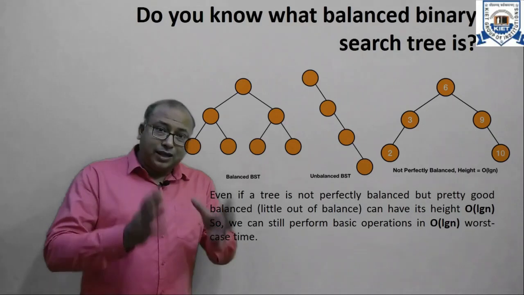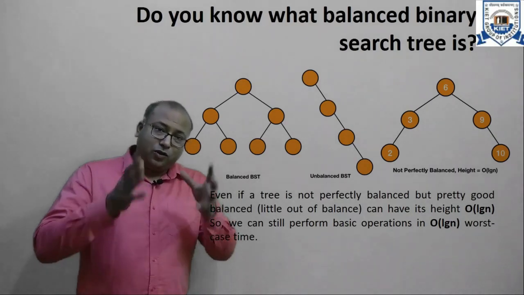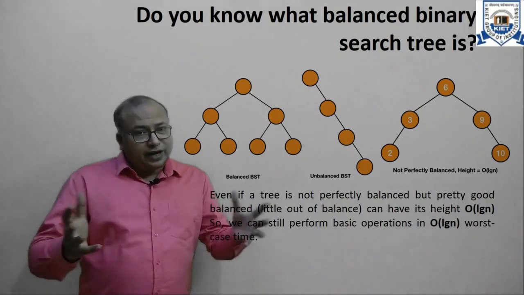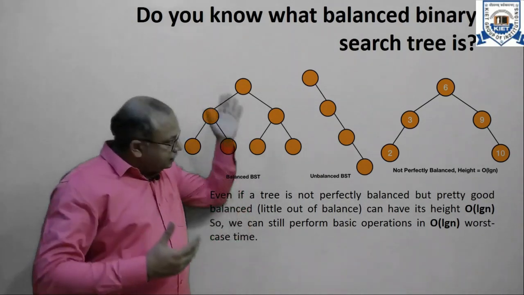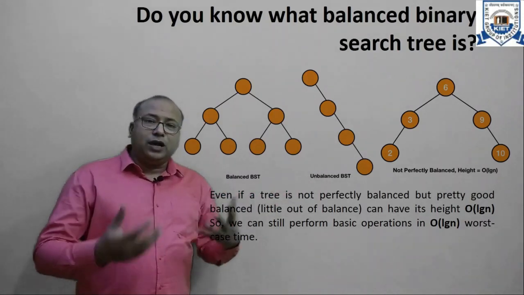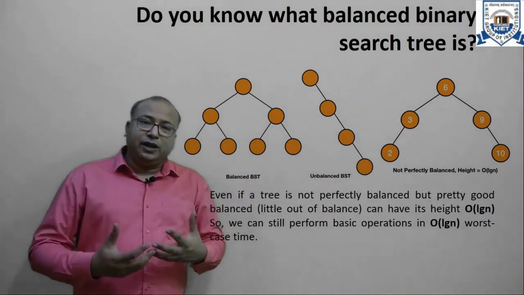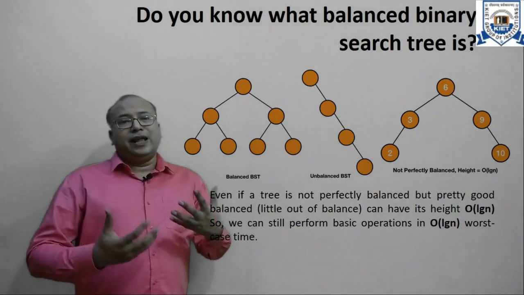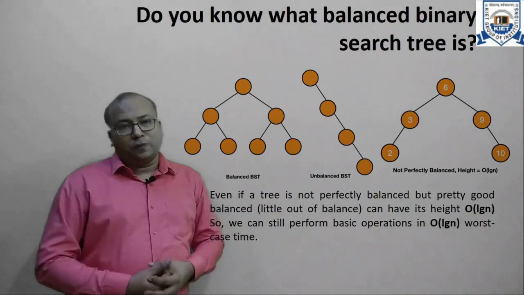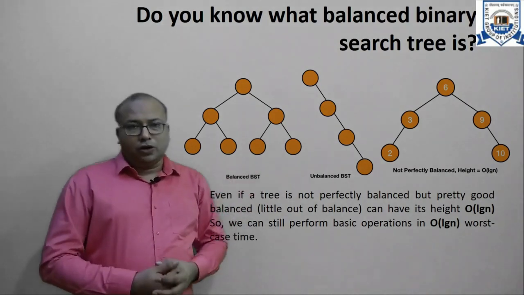But all these operations complete in order of log n time only when your tree is balanced. If the tree becomes unbalanced, that means it is skewed either to the left hand side or to the right hand side, then the behavior of the tree is lost and it behaves like a linked list. In that case, the complexity of all major operations can grow up to order of n.